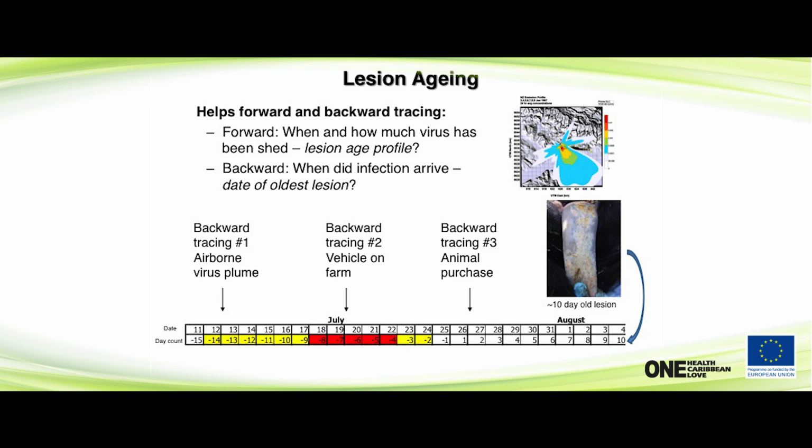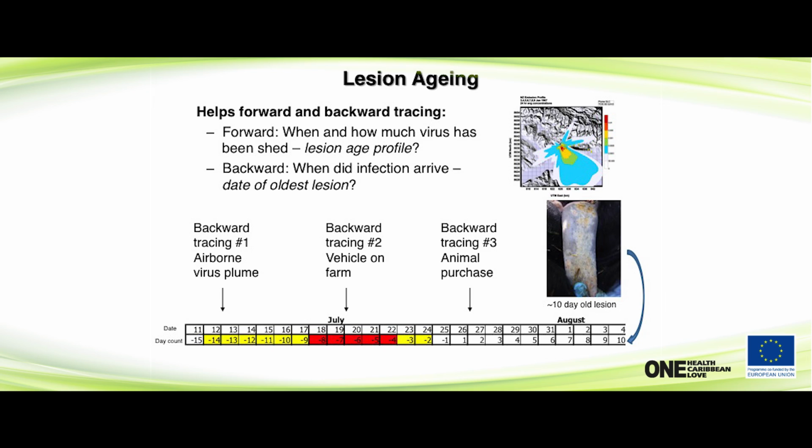Because then you can use that with information that's available about shedding in relation to the lesion ages to work out what is the risk period in terms of trying to trace forwards. And of course, if you have a meteorological office that produce these nice maps, they can also look at when air is likely to have been blowing in a particular direction and could have spread the disease in different places.